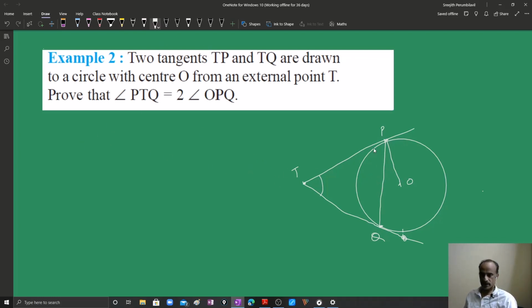So in the given, you have to write: given a circle, TP and TQ are the tangents drawn to the circle. Prove that this angle is equal to 2 times this angle.